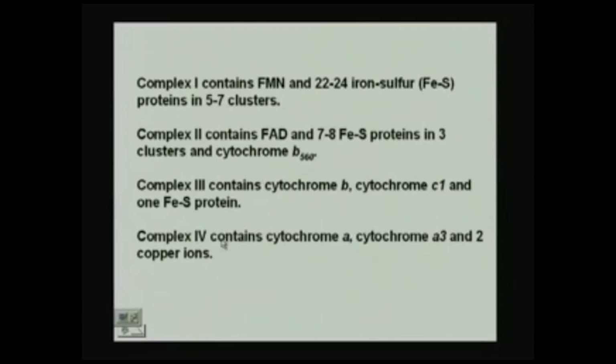Complex 4 has 2 cytochromes and 2 copper ions. Okay. Why do we need copper again? It would be the same thing. The copper also has multiple valency, so it can pick up or give electrons. Okay. So, we have these electron transfer cofactors associated with complex 1, 2, 3 and 4 that are going to assist in the electron transfer. Fine.